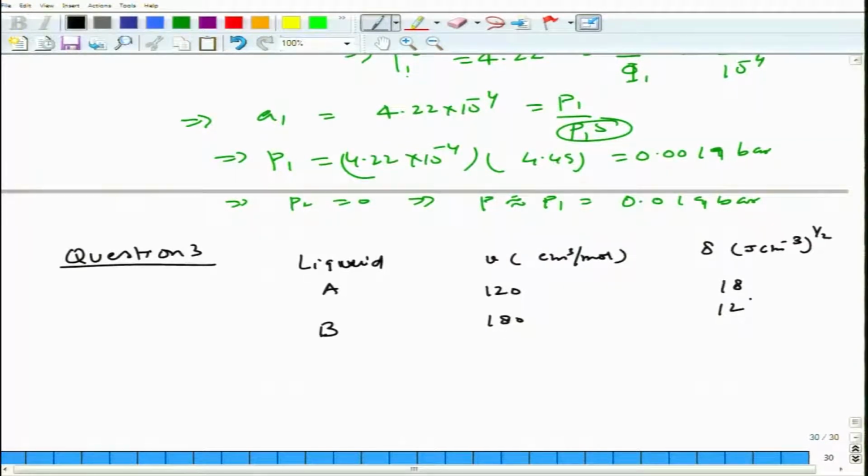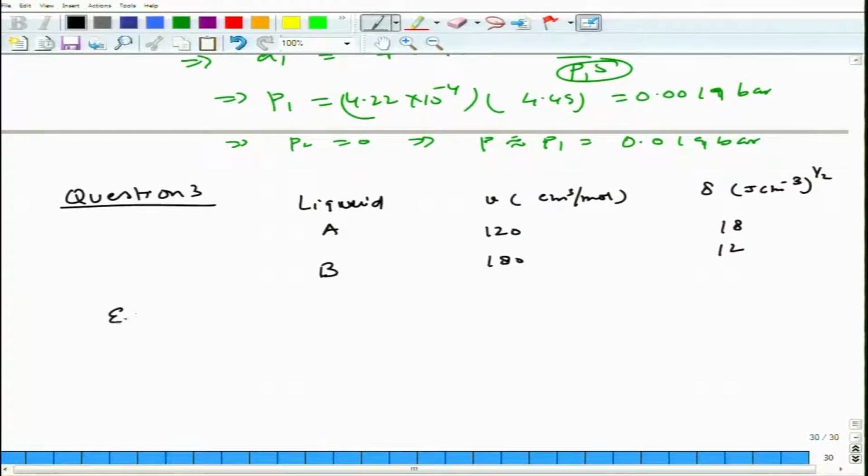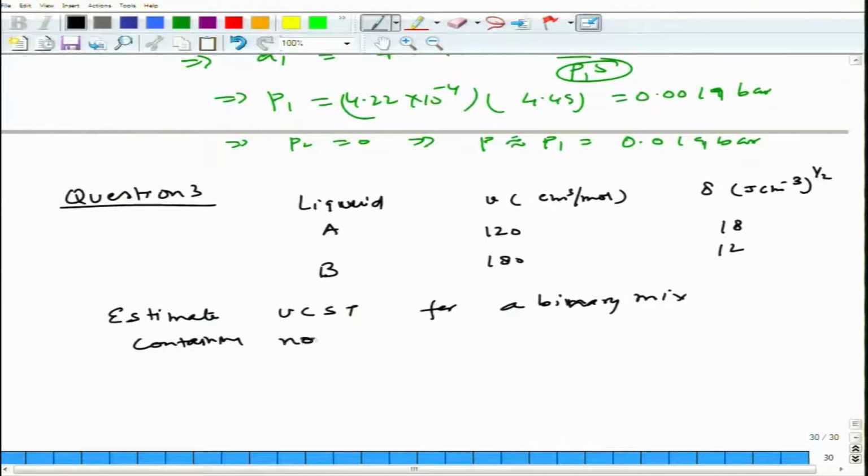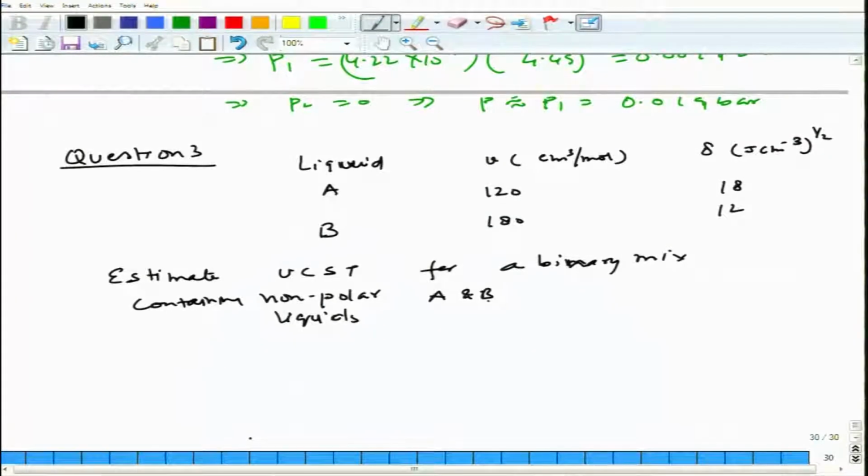Now, what we need to find out is to estimate the upper critical solution temperature for a binary mixture containing non-polar liquids A and B.